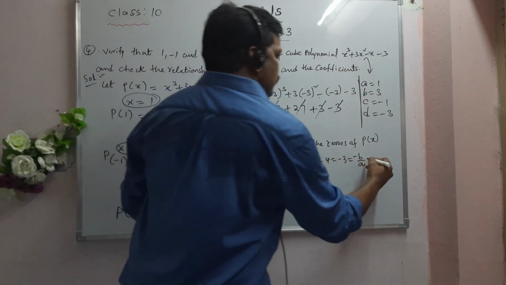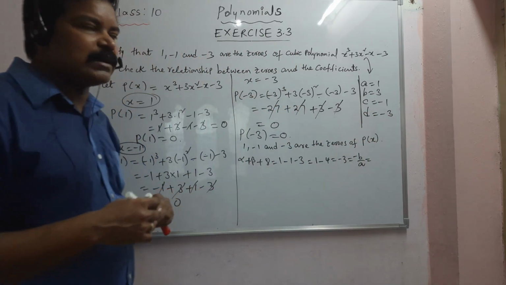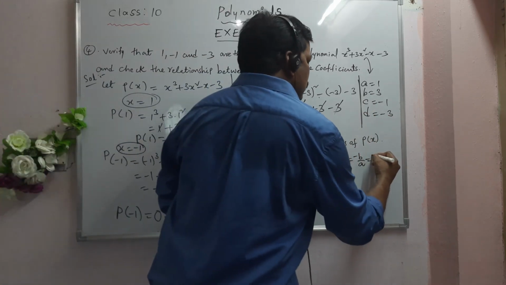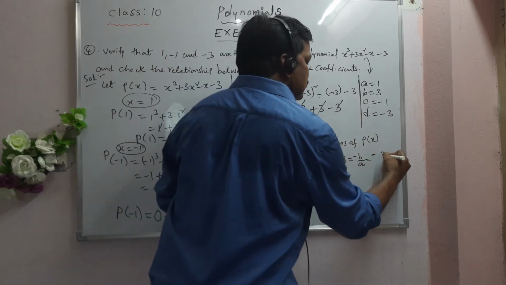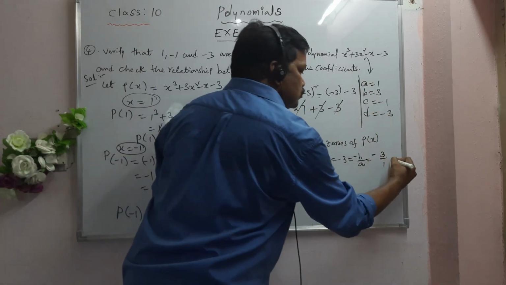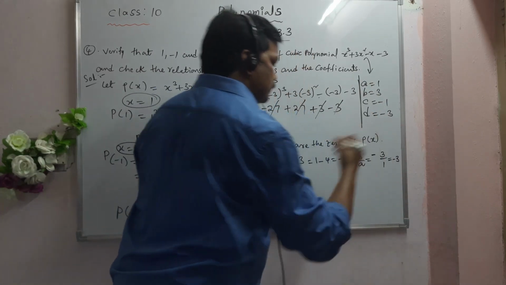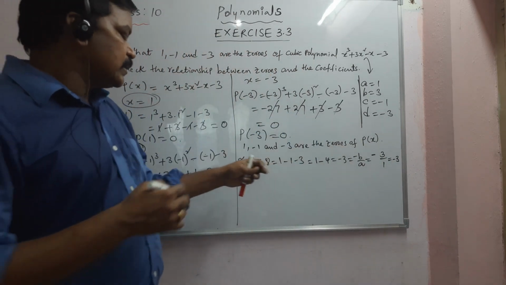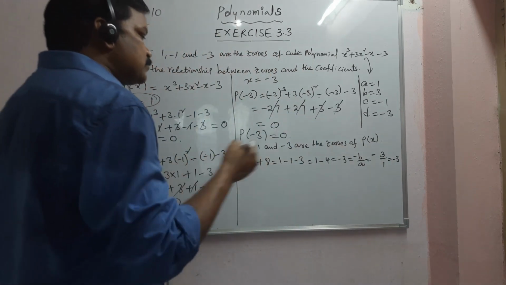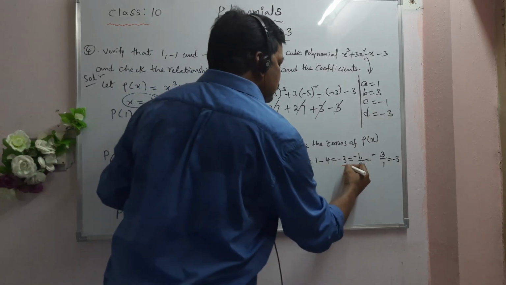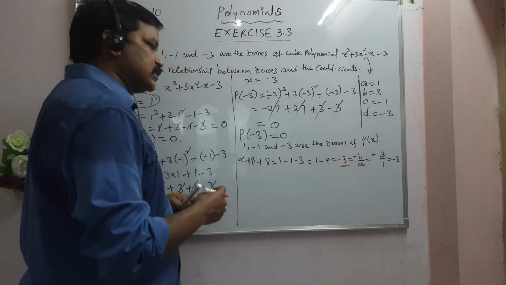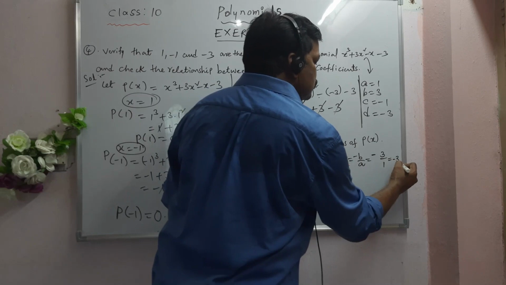Okay, let us substitute here minus b by a. So minus of b is 3 and a is 1. So this value is -3. Can you see the board?